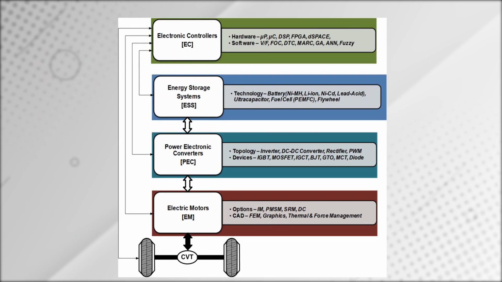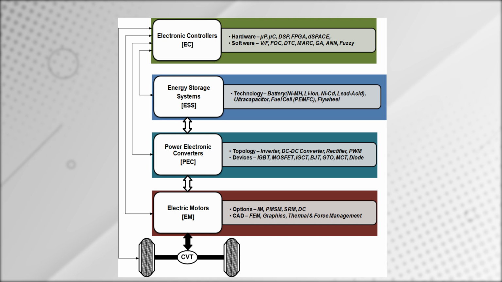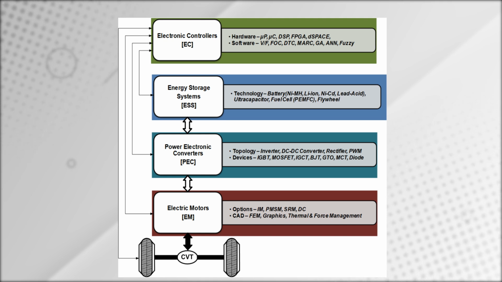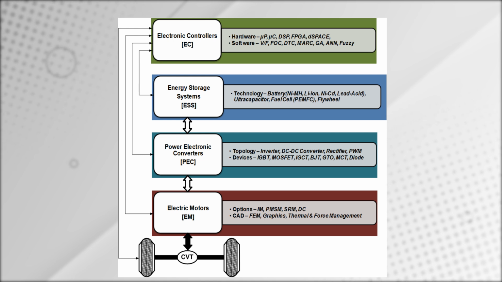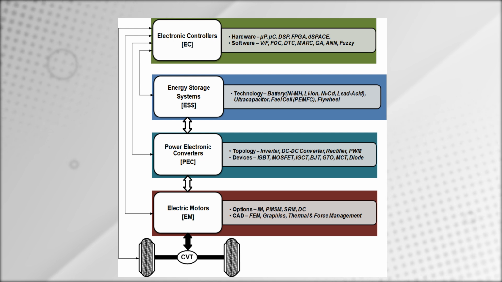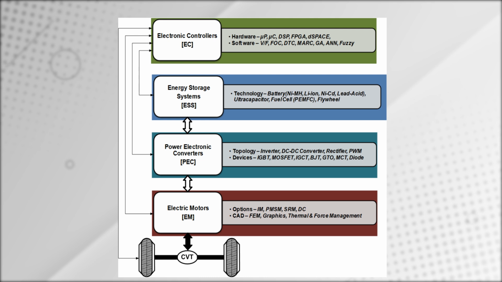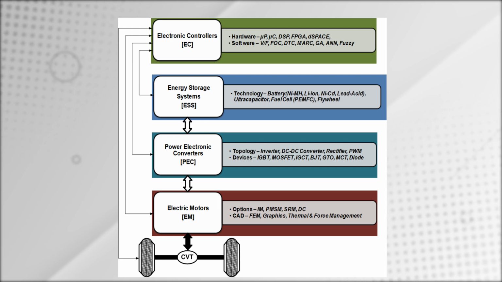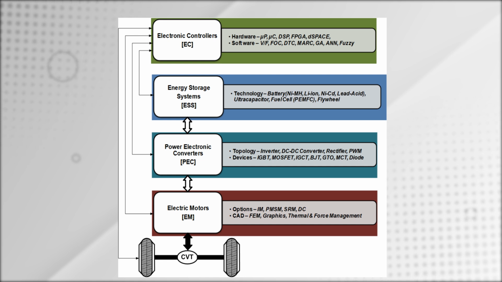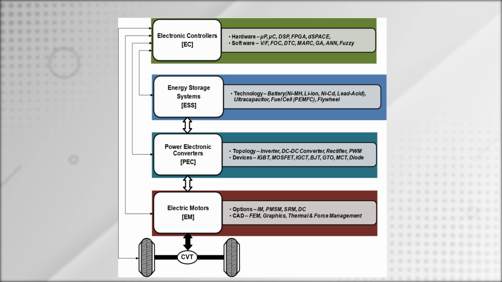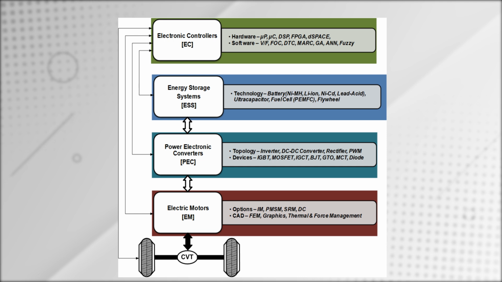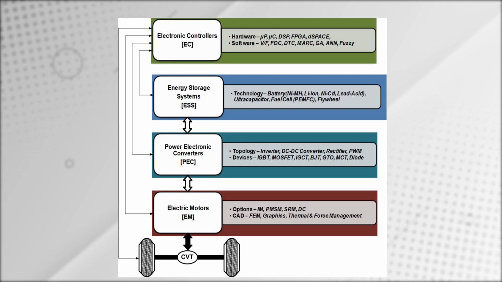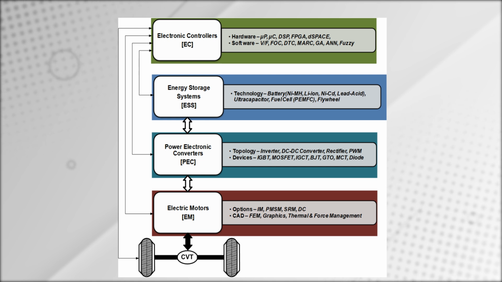The fundamental block diagram of the electric propulsion system, as you can see, encompasses various elements as mentioned earlier, like electronics controller, control hardware, software algorithm, energy systems, power electronics converter, electric motors, etc. The integration of these components defines the performance, efficiency and reliability of electric vehicles in today's evolving automotive landscape.